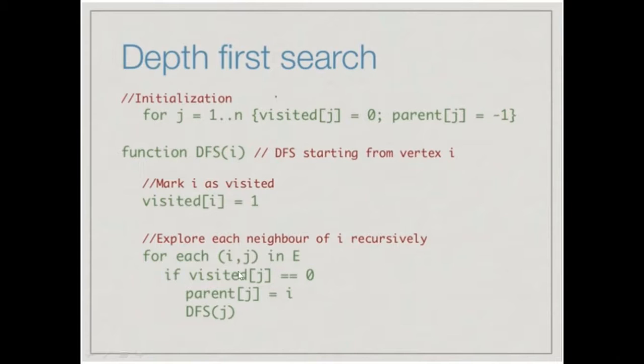If a particular neighbor of i is not visited, say j, we'll go inside this conditional block, and I will mark the parent of j as i. Now again employ this particular algorithm for j. So this is the recursive part.